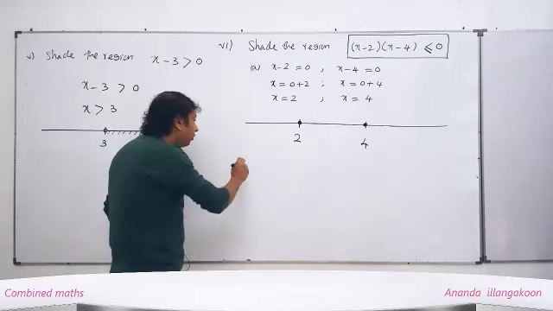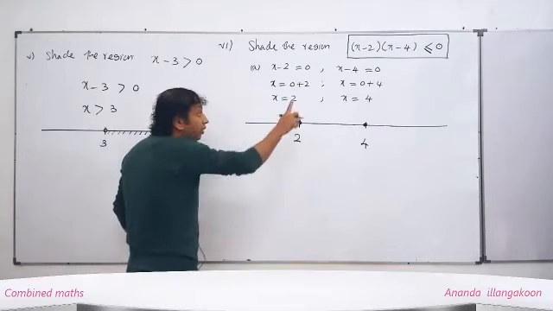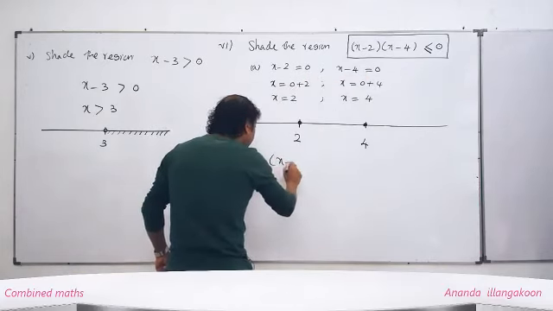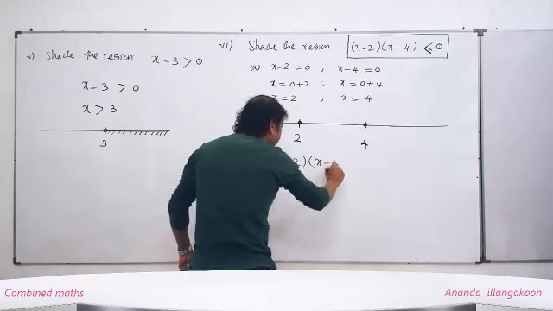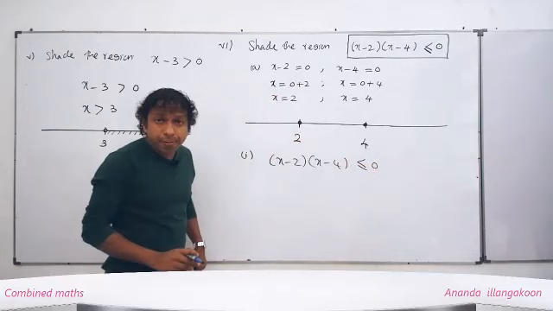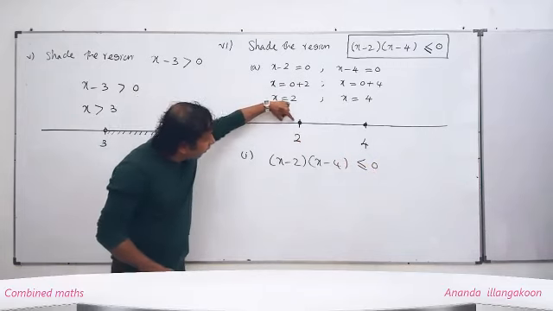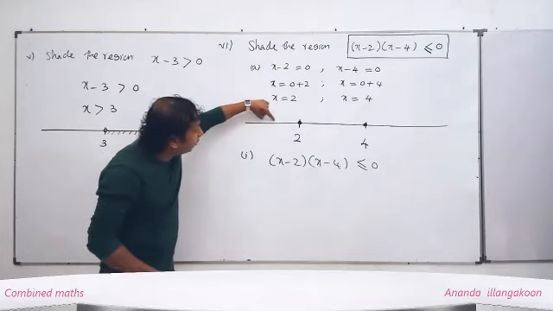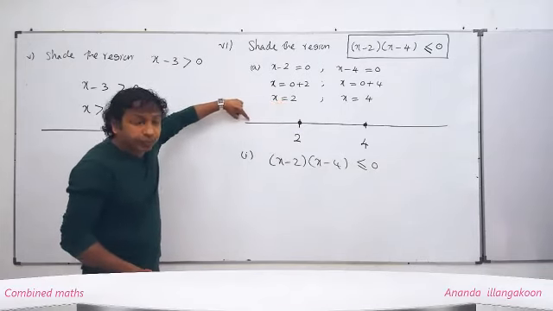Now the first step is this. This is the given inequality. I take that one like this: less than or equal to 0, no? Right. Now, people, take any real number you like in this interval.